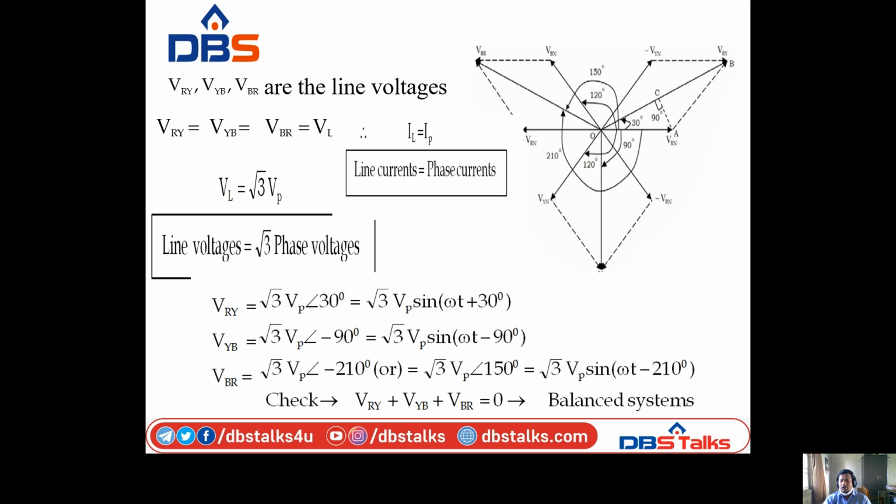Therefore, VRY is equal to root 3 V phase at an angle 30 degrees, that is root 3 V phase sin(omega t plus 30 degrees). That is, VRY squared is equal to VRN squared plus VYN squared plus 2 VRN VYN cos 60 degrees.